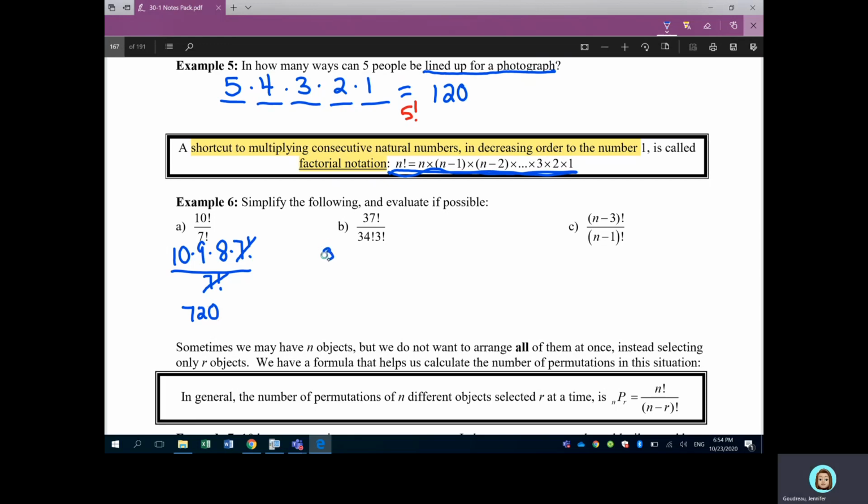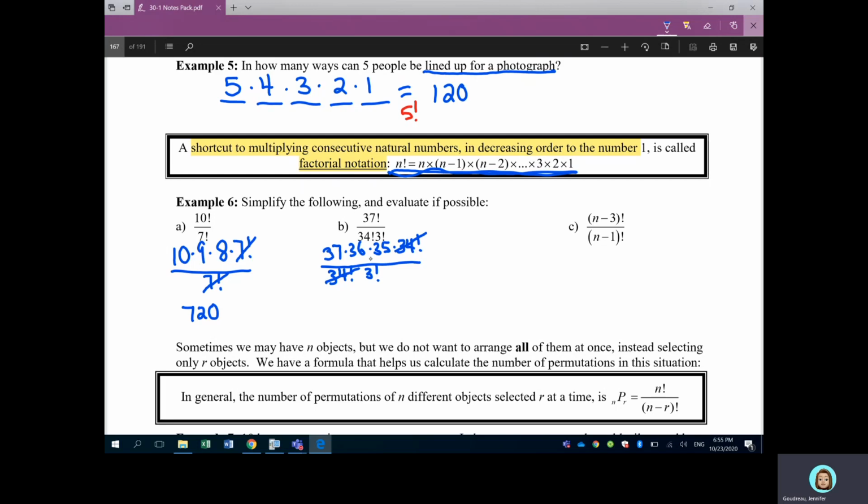We start with 37, 36, 35, 34, and I'm going to write the rest of the expansion as 34 factorial. I'm stopping at 34 factorial because 34 factorial is one of the terms that we have in the denominator. So the 34 factorial in the numerator takes out the 34 factorial in the denominator.